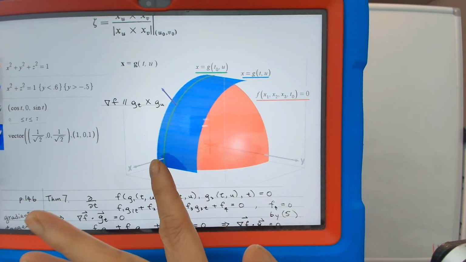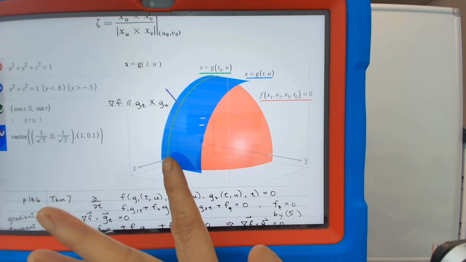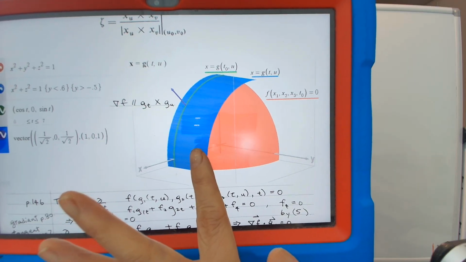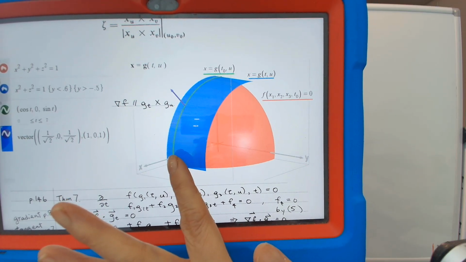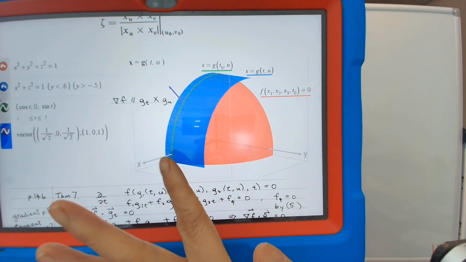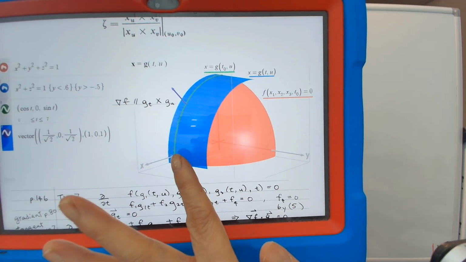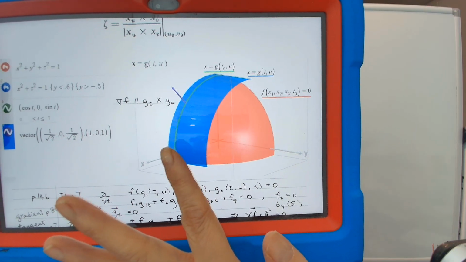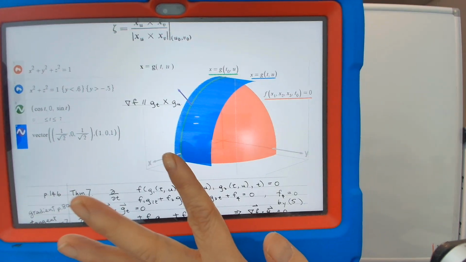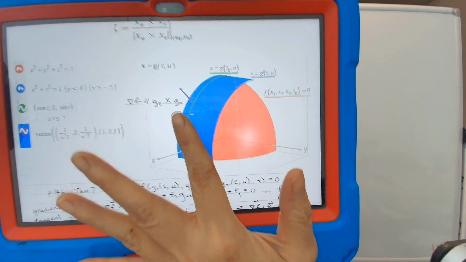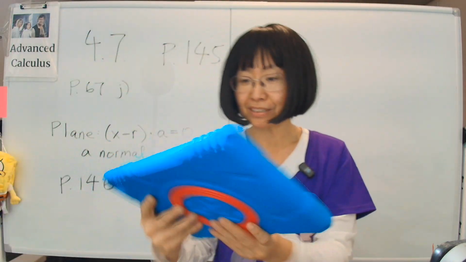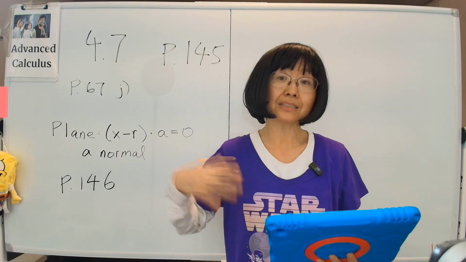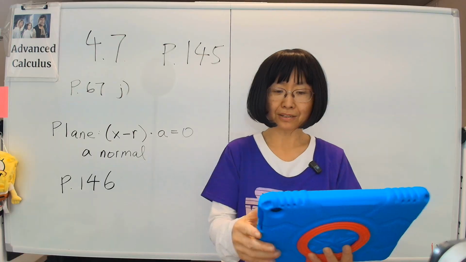Now the green line here, at t0, is the characteristic curve, by the way. And there's a vector here. We'll talk about the vector later. I just want to show you a sample of what this theorem might be talking about.